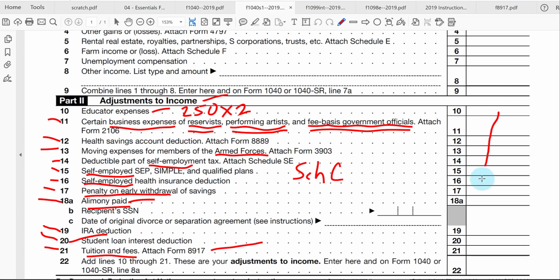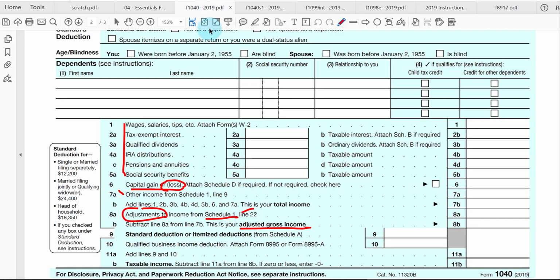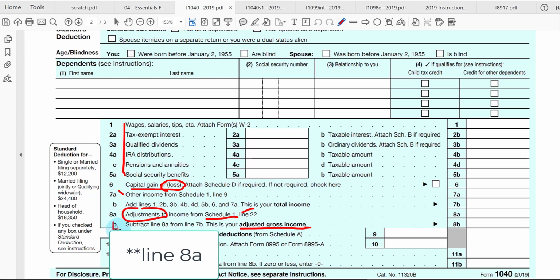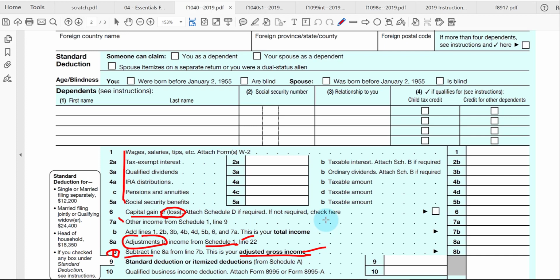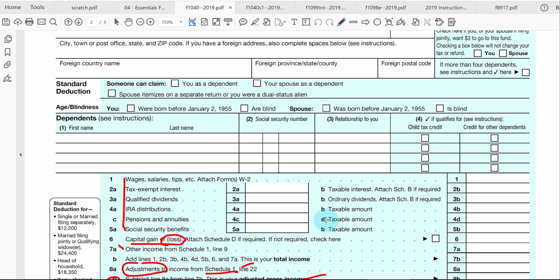So you total up all of your adjustments and then you write it back here on the 1040 form in line 8b, which you subtract out to get the AGI. Okay, so let's stop here and continue with the last video, where we talk about individual retirement accounts.